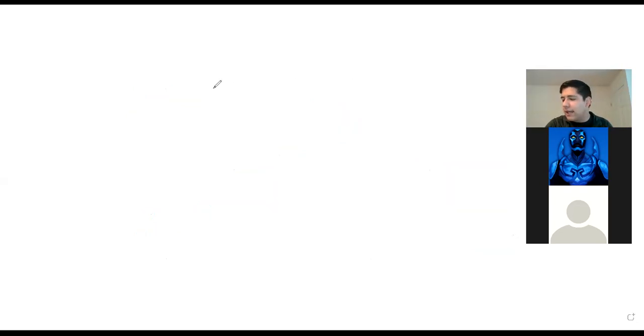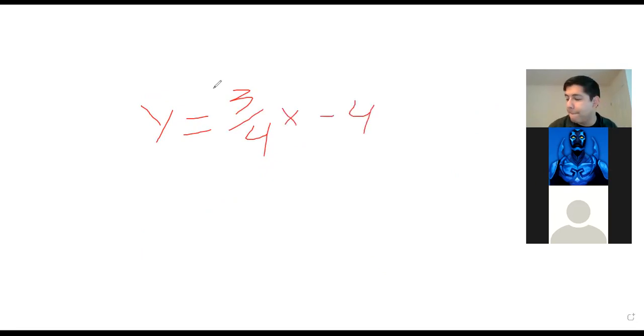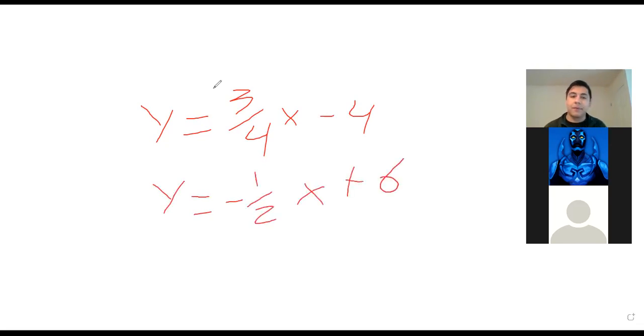Remember, a line can be represented by an equation. So if I gave you y is equal to 3/4 x minus 4, then y is equal to negative 1/2 x plus 6, right? That's two lines, okay? Now, here's the thing.